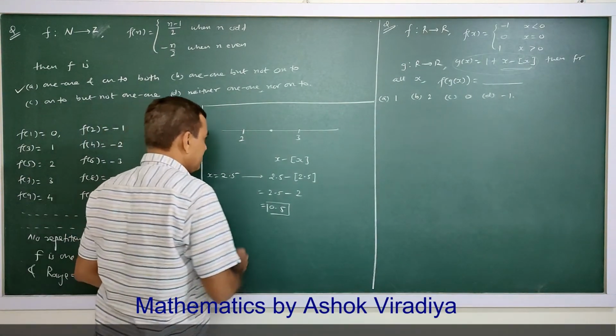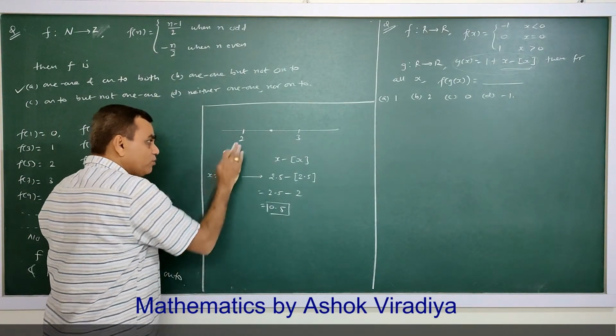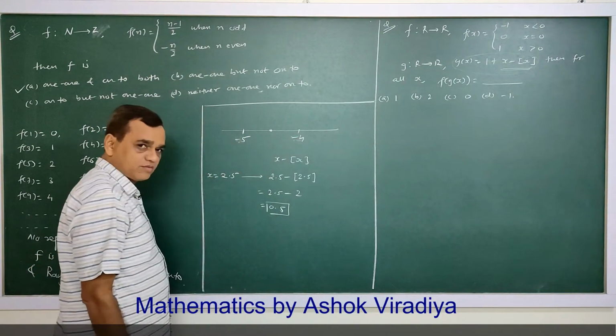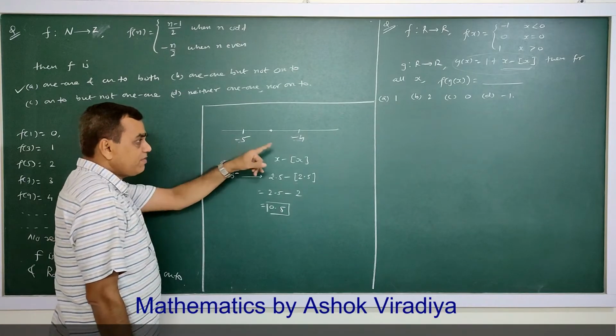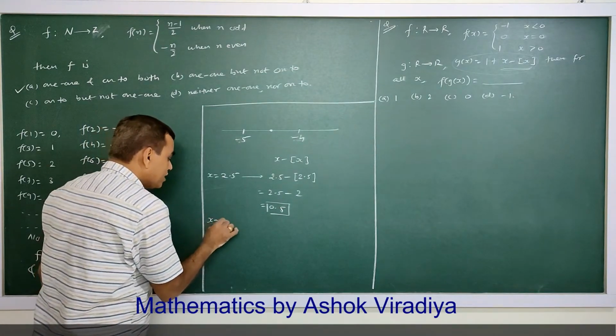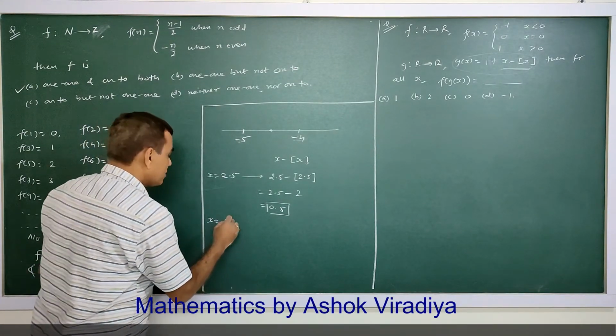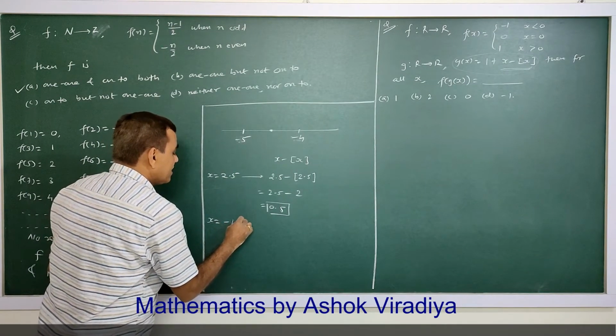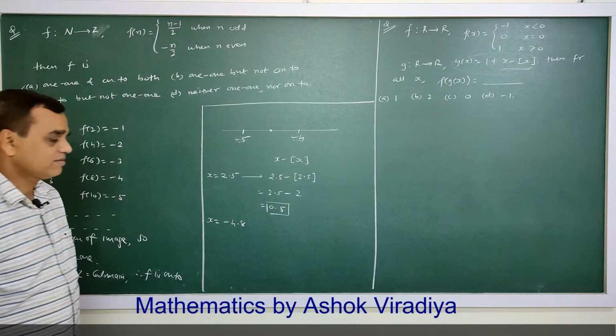If I take any two integers, suppose here I am taking minus 5, here I am taking minus 4. Minus 5 is smaller than minus 4. Suppose I take x equal to minus 4.8.